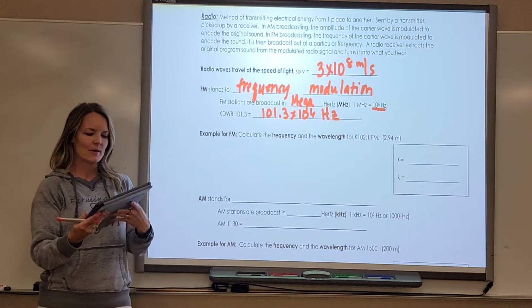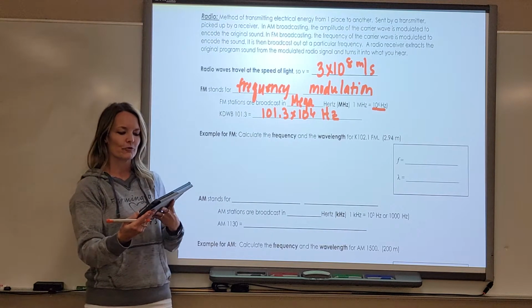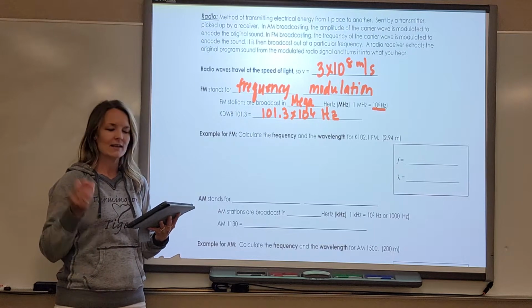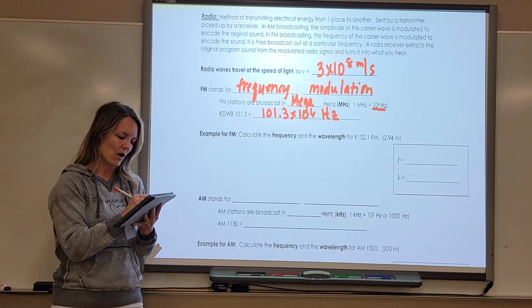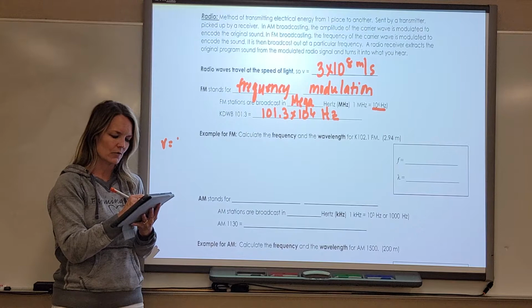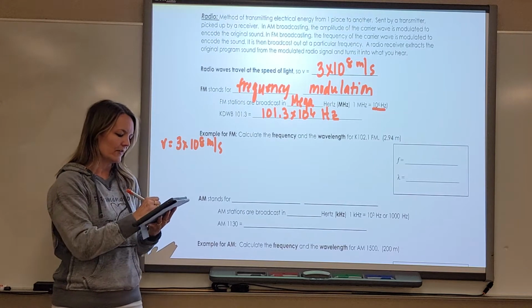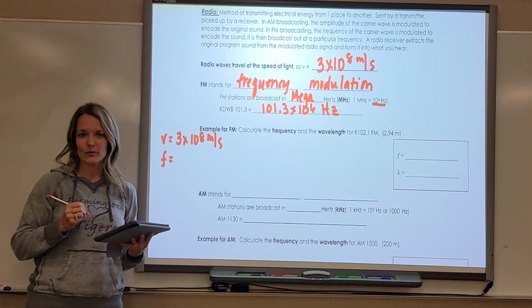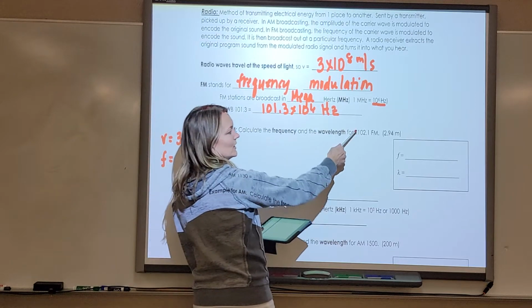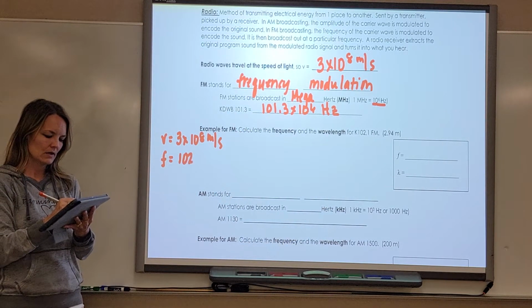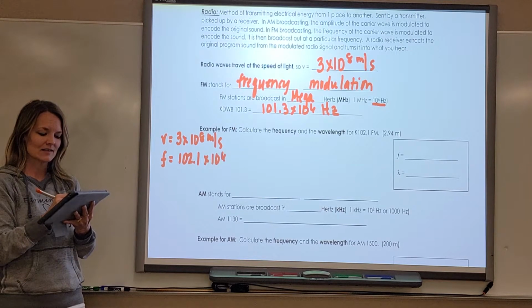All right, an example for FM: calculate the frequency and wavelength for K102.1. First, we always know the speed of any radio wave is 3 times 10 to the 8th meters per second. The other thing we know is the frequency is equal to the call numbers, 102.1, times 10 to the 6th hertz.